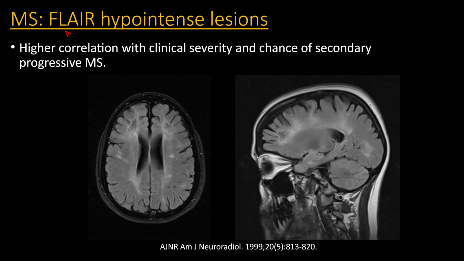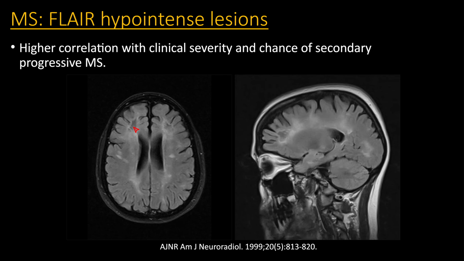Now, something that's different from T1 hypointense lesions are FLAIR hypointense lesions. Lesions of MS are typically all FLAIR hyperintense, even the T1 hypointense lesions I showed you before, so they're bright on FLAIR. Now, when you have lesions like in this particular patient with MS that are dark on FLAIR, they'll still be bright on T2, but they're dark on FLAIR. That just means they're starting to become replaced with CSF.